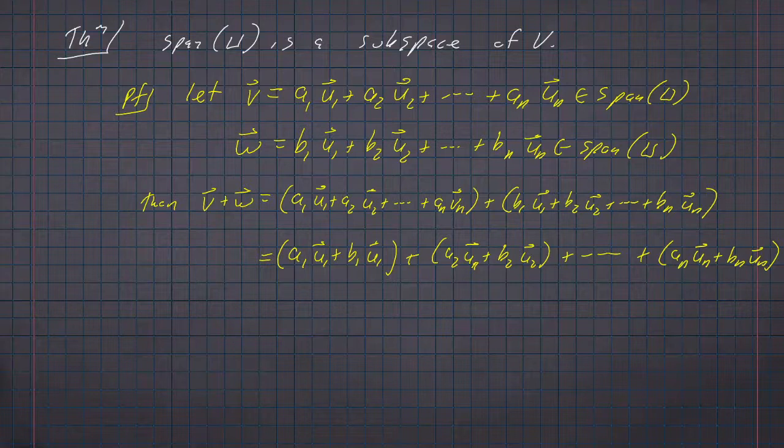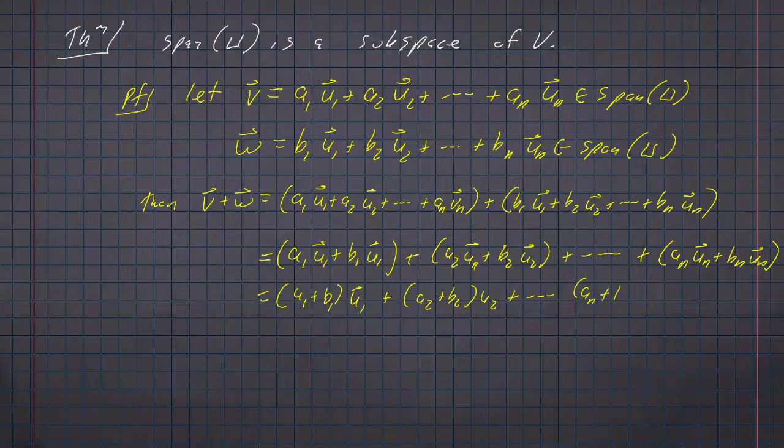Then, using the distributive property of scalar multiplication in vector space V, I know that this is a1 plus b1 times u1, and a2 plus b2 times u2, and all the way down to an plus bn times un.